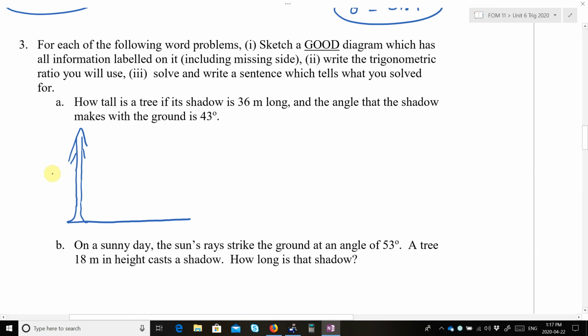How tall is the tree? So we want to find the height of the tree if its shadow is 36 meters long. So imagine the sun is like this, shining. Hits the tree. Shadow is this dark space along the ground down here, so the shadow is 36 meters long.